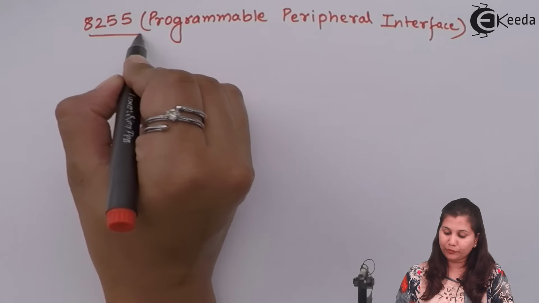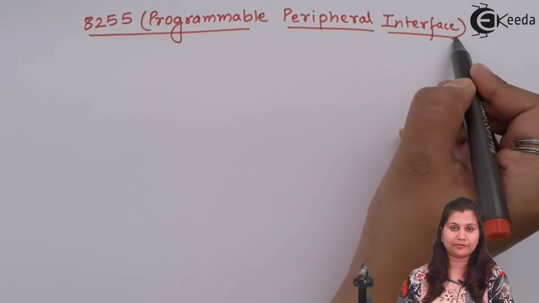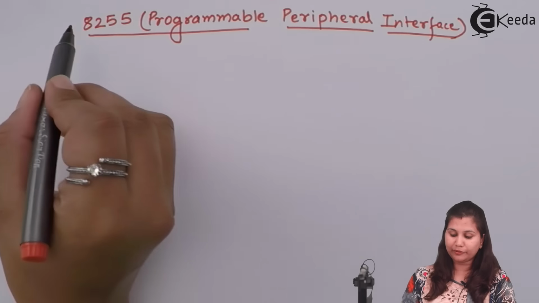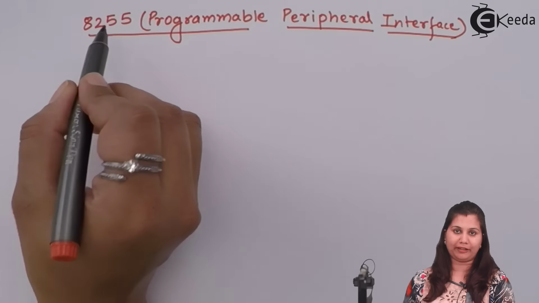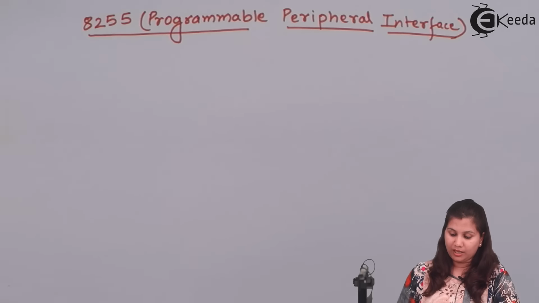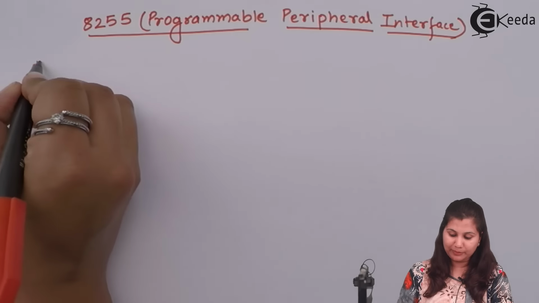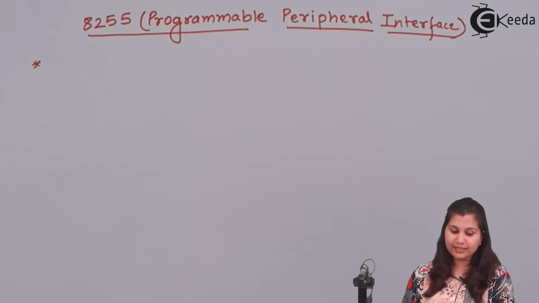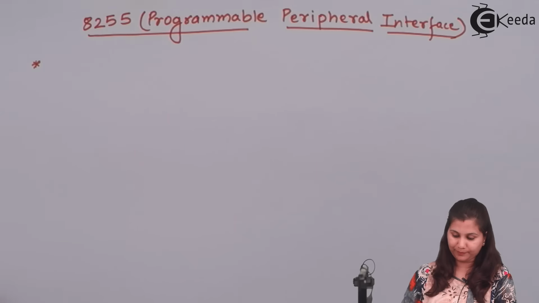We have the Programmable Peripheral Interface and the IC number for this is 8255. Okay. So this Programmable Peripheral Interface, it is a general purpose programmable input-output device.